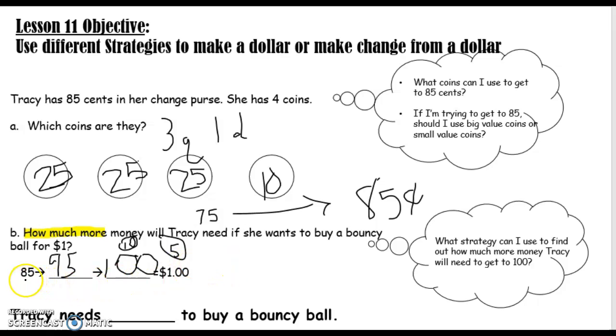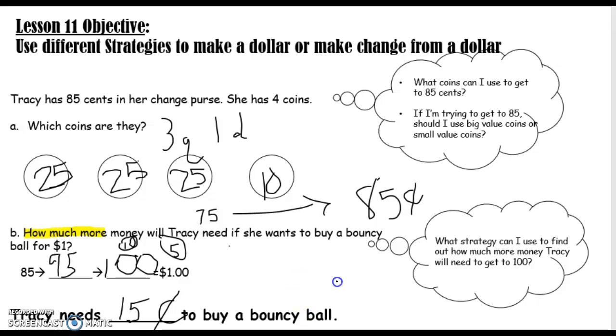So 95 here, one more nickel is $1. We added 15 cents. Here's a dime, and here's the nickel. So Tracy needs 15 cents to buy a bouncy ball.